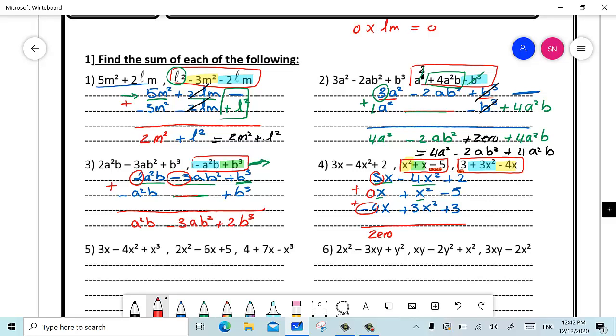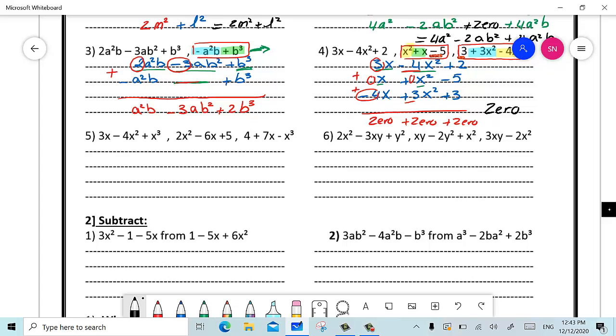We said before that we take the number with the sign before it. So I have negative 4 plus 1 plus 3, and this is also going to give me 0. And what about the absolute term? It's 2 plus negative 5 plus 3, and this is also equal to 0. So at the end, when I add those 3 expressions together, my final answer is 0.